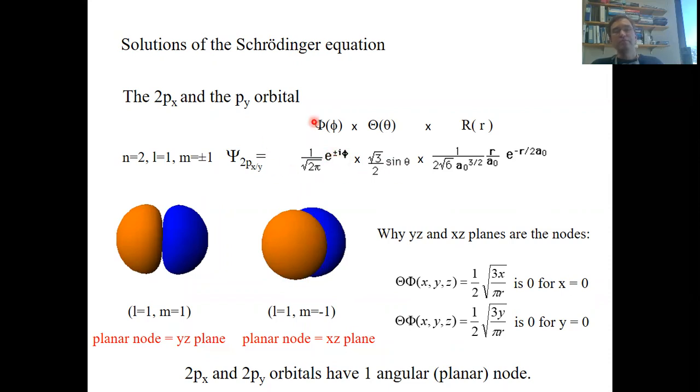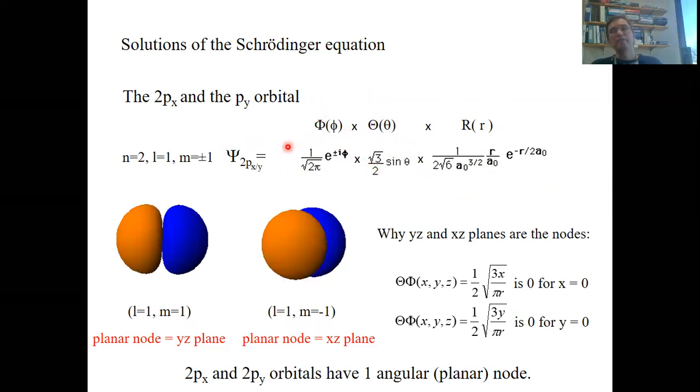But overall, again, we clearly see that our wave function is angle dependent, so it can't be spherical in shape. The radial part of the wave function is exactly the same as for the 2pz orbital, so there's nothing in addition to consider here. We only need to investigate the angular part of the wave function further to see how it affects the shape of the orbital.